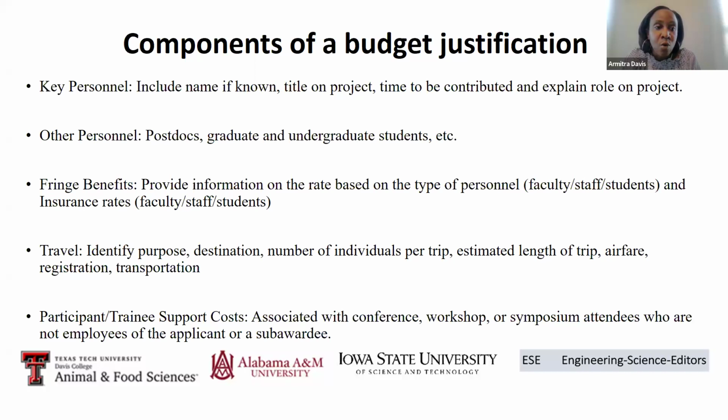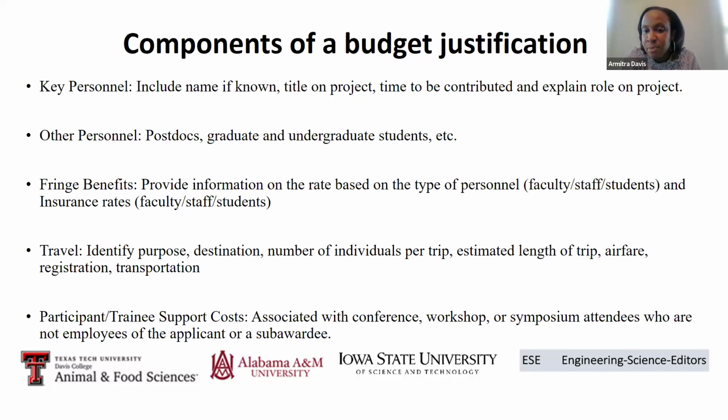Now, when you are calculating fringe benefits, it's very, very important that we work with our Office of Sponsored Programs to make sure that we are using the correct percentage, because the incorrect percentage could throw off your budget, and it could be a problem later on down the road should the work be funded. So it's very important that we ensure that this is done correctly.